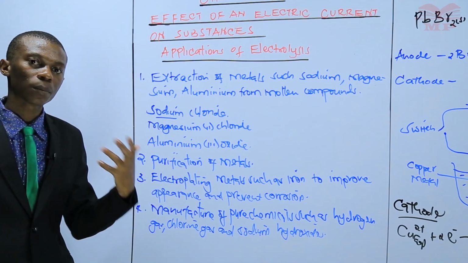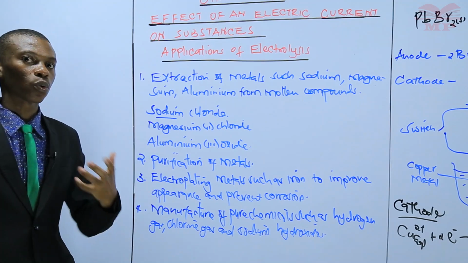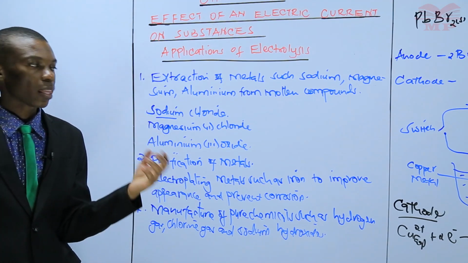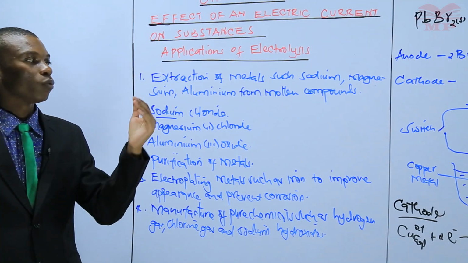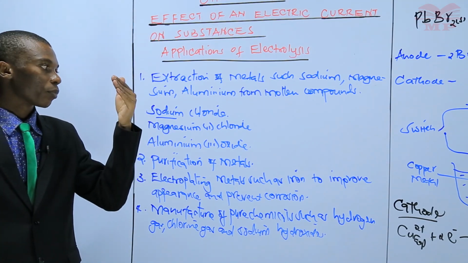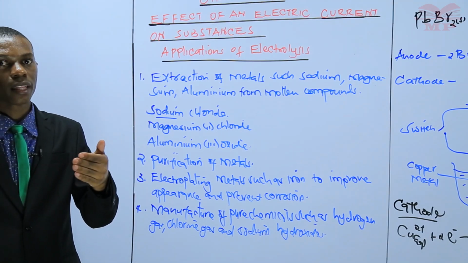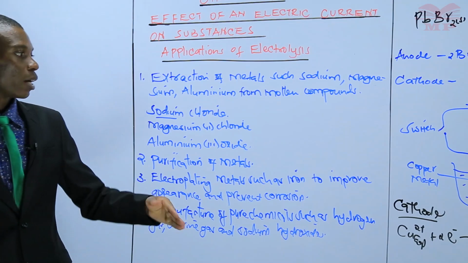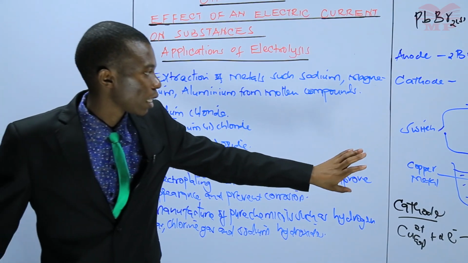There are substances like iron which corrode very fast when exposed to water and oxygen. And therefore, if you coat with another metal which does not react easily with water and oxygen, then you'll have prevented corrosion of this metal. And that is how you conduct electroplating.